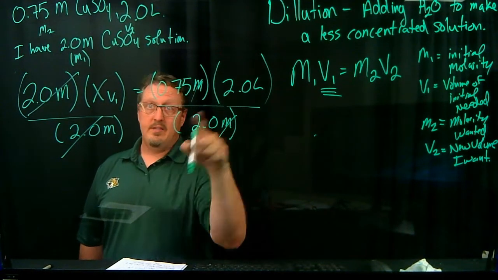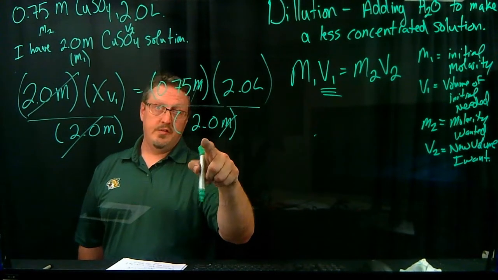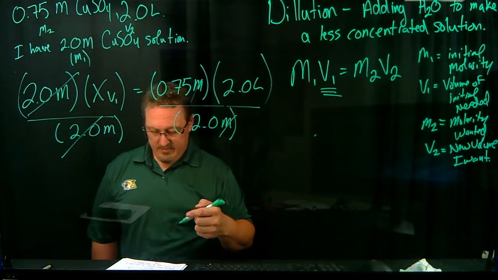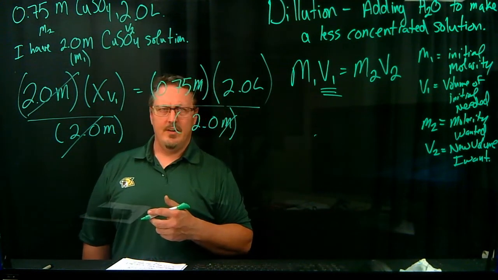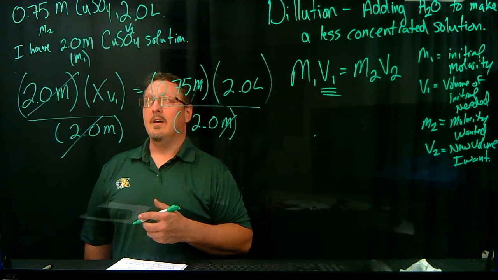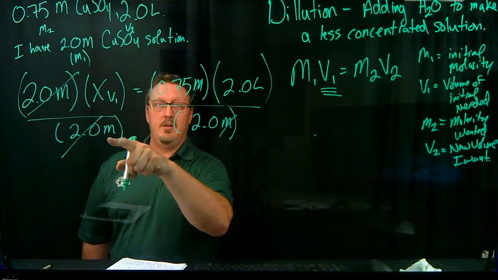Well, let's do the math and figure it out. 0.75 times 2 divided by 2 is going to be 0.75. It's like I picked a number that, wait a second, hang on, 0.75, 2 and 2. Yeah, okay.